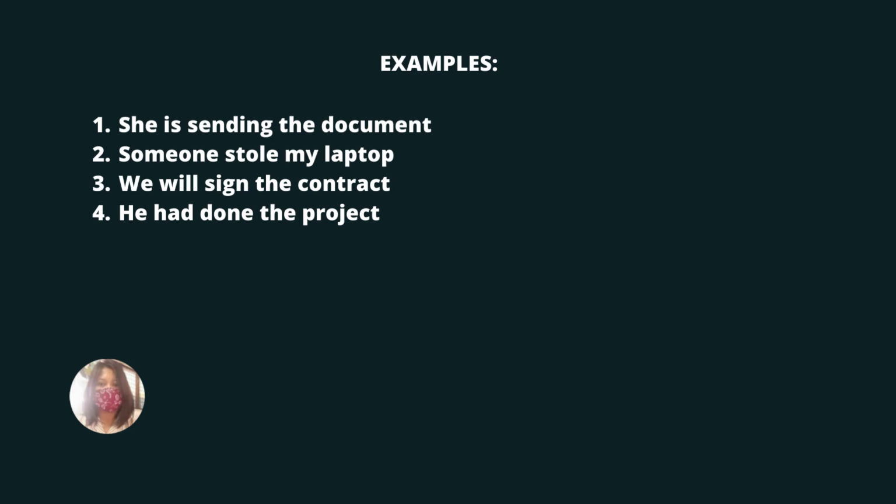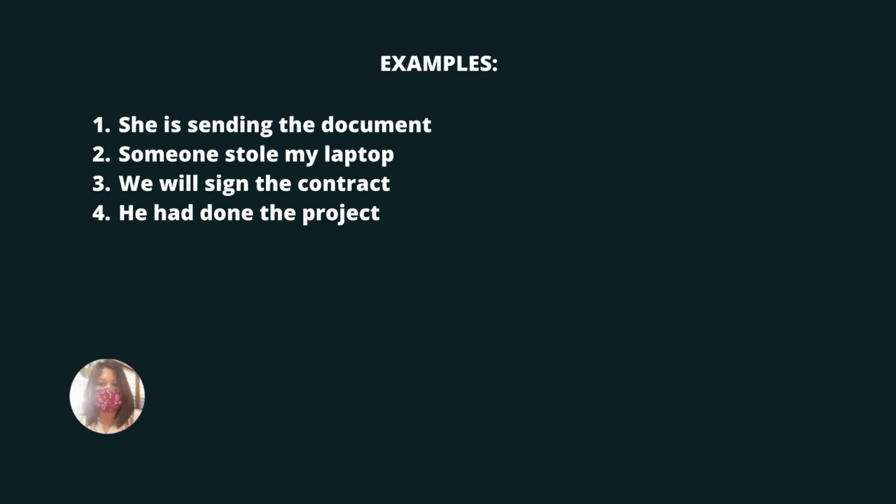And which one is the object? That's the laptop here. So my laptop is the object. My laptop. And then remember, what's the additional word? That will be was. My laptop was. Then stole here is verb 2. You have to change it into verb 3. What's that? Stolen. So you are going to say: my laptop was stolen by someone.